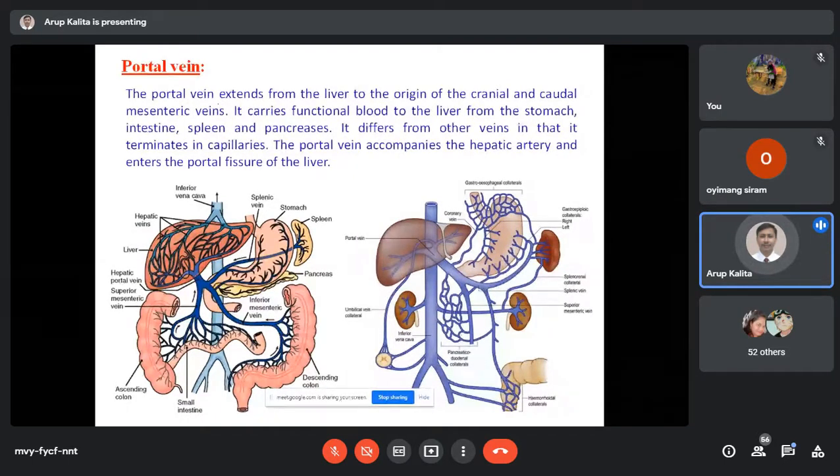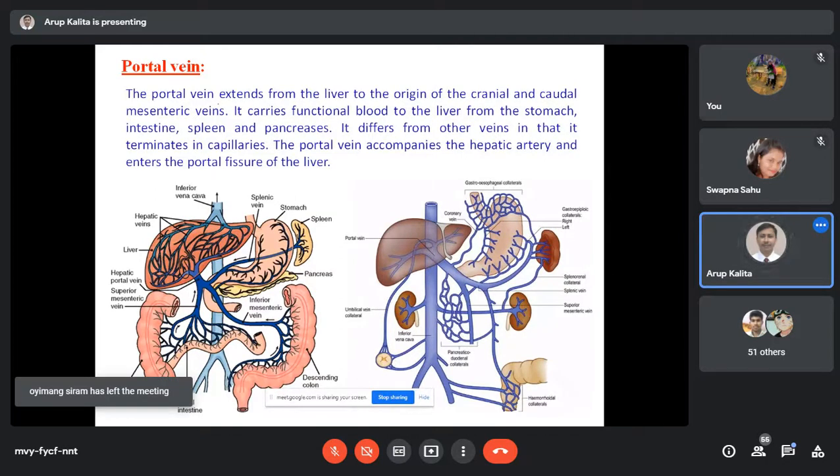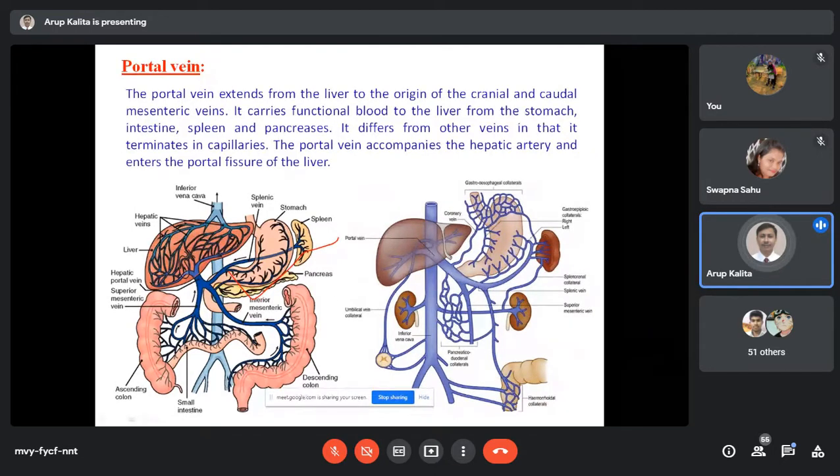But in case of portal vein, it starts with the capillaries and ends in capillaries. It is not joined with the right atrium. Here you see this photograph. So these are the capillaries.